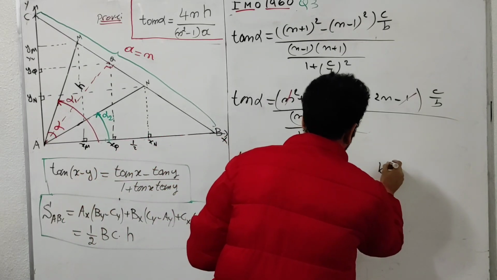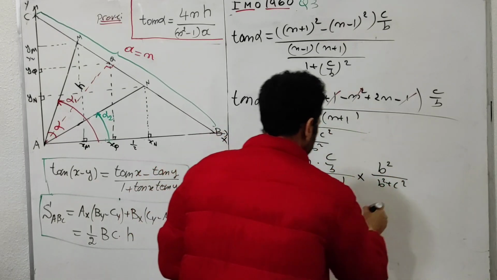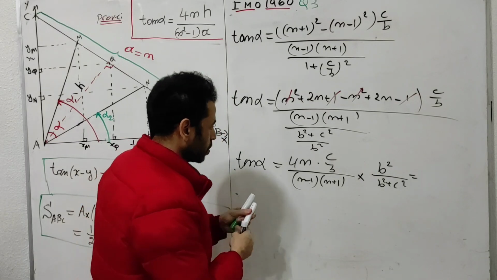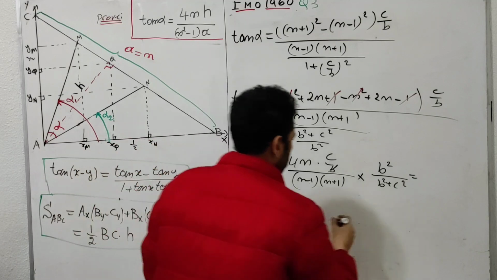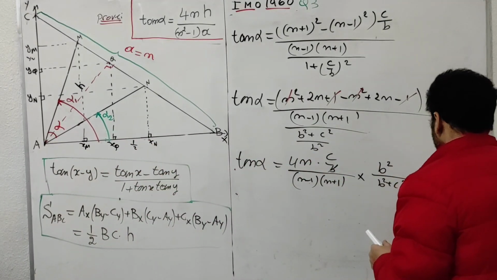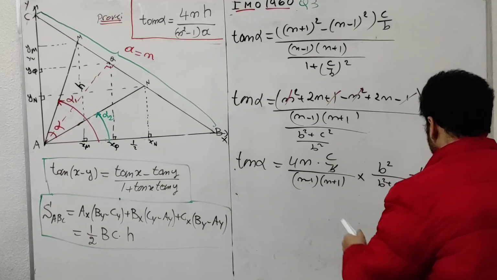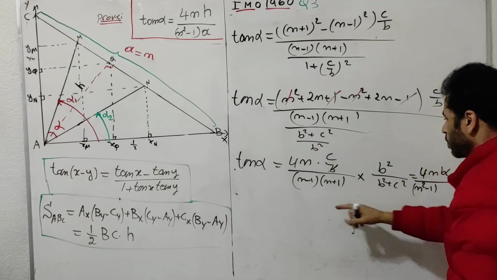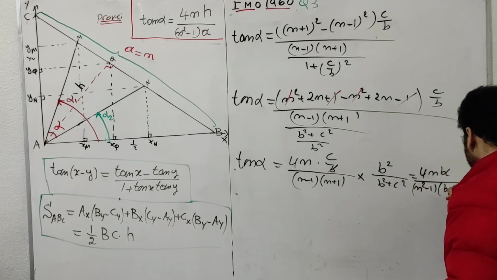I will get b squared over b squared plus c squared. So by simplifying one of the b, I will get 4 times n bc divided by n squared minus 1. By factoring out this one, the whole thing is multiplied by b squared plus c squared.